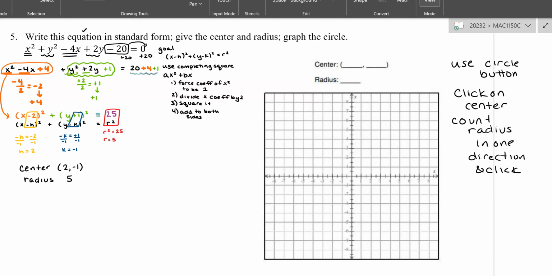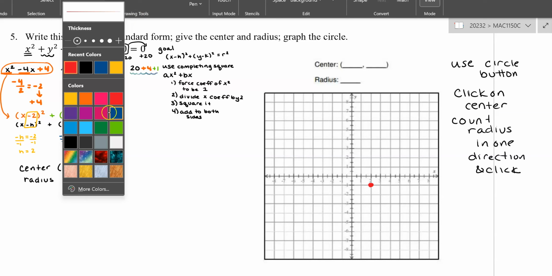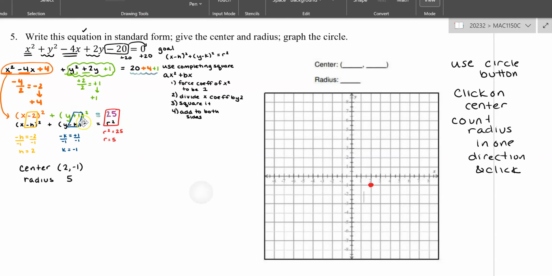But since we're doing it by hand, we're going to count the radius north, south, east, and west from the center. So my center was at (2, negative 1). So that's 2 on the x and negative 1 on the y. So there's my center. And now I have to count out north, south, east, and west, 5.